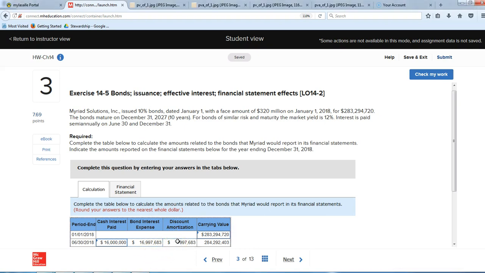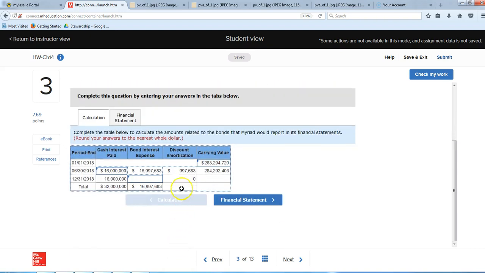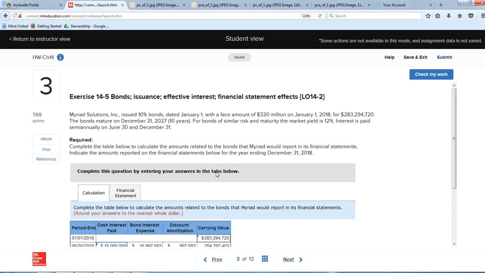Then the discount will be the difference between the cash paid and the effective interest. Connect automatically calculates that for us. And then the new outstanding balance will be the previous balance plus the discount being amortized. Why should we add the discount being amortized? Because the bonds were issued at a discount.